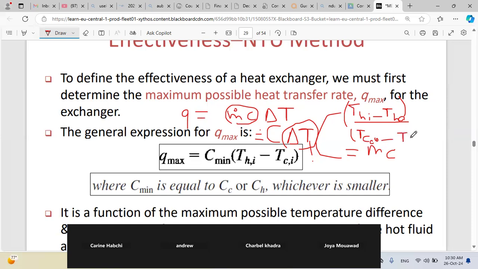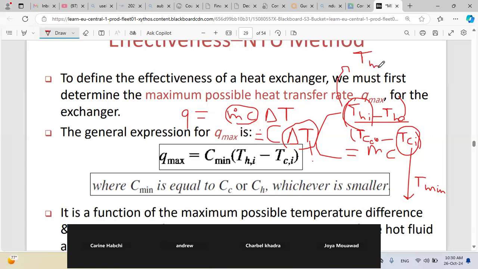You know that the lowest temperature is for T cold in. So the inlet temperature of the cold fluid is the minimum temperature that we can have. And the inlet temperature of the hot fluid is the maximum temperature that we can have. So T hot in is equal to T maximum.